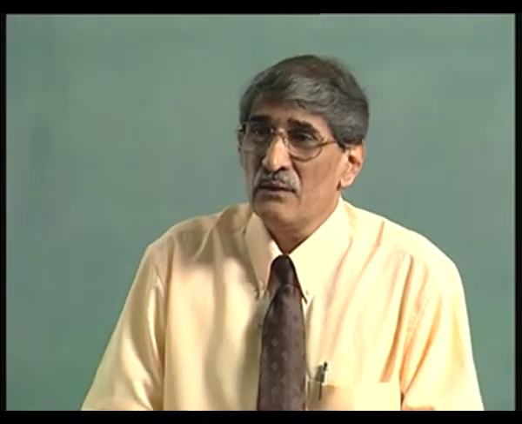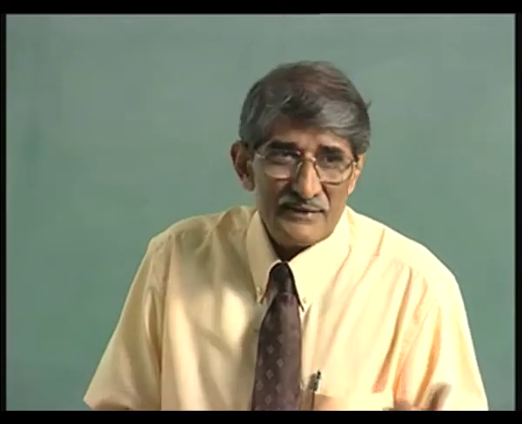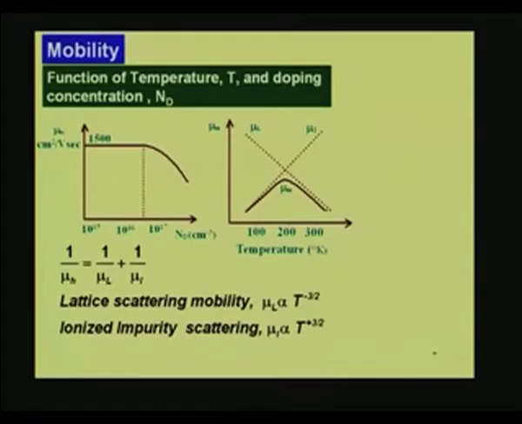They get knocked or scattered by these impurities. That is why when the doping becomes high, scattering becomes more, and the velocities fall. Now, this particular value of 1500 that we have put here is the mobility at room temperature.